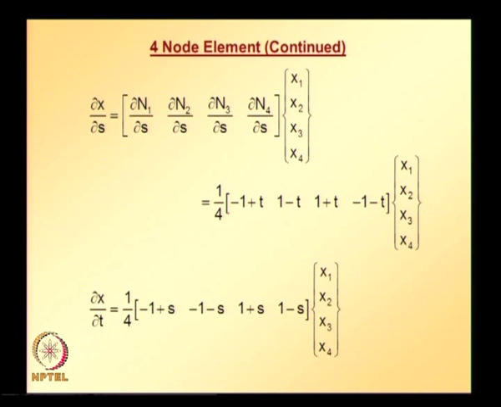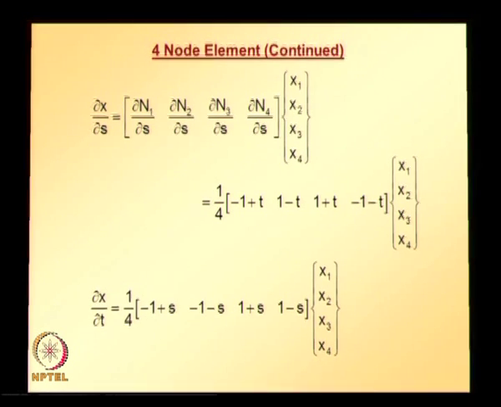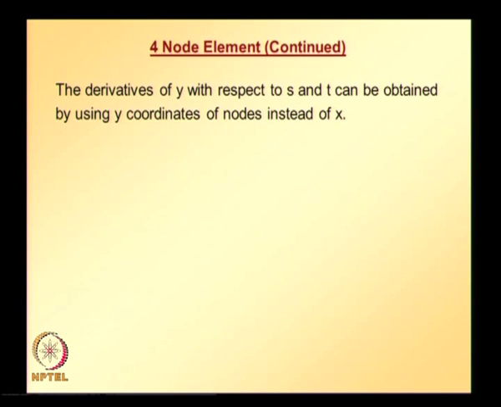Similarly, the derivative of x with respect to t, and we can also find the derivatives of y with respect to s and t using the y coordinates of the nodes instead of x in the previous two equations.